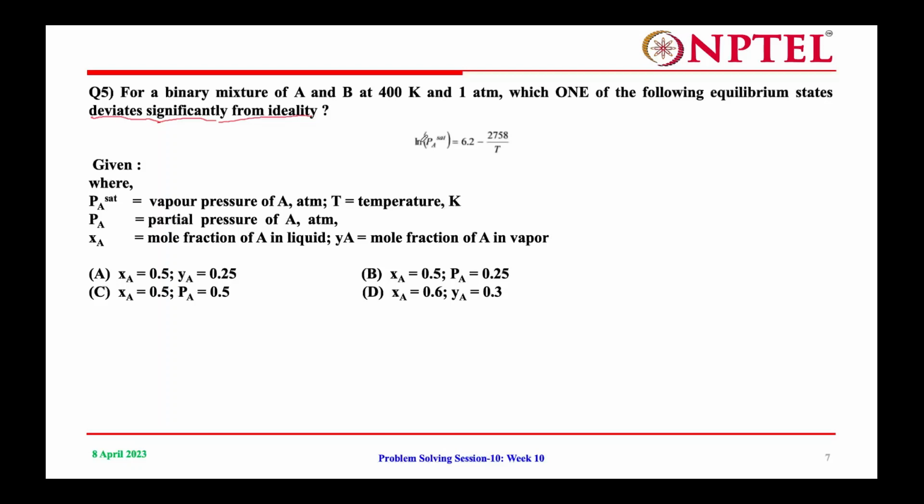This is the equation given to calculate the vapor pressures: ln P sat equals 6.2 minus 2758 divided by T. Here P sat is the vapor pressure in atm, T is temperature, P is the partial pressure in atm, x is the mole fraction in liquid and y is the mole fraction in vapor.